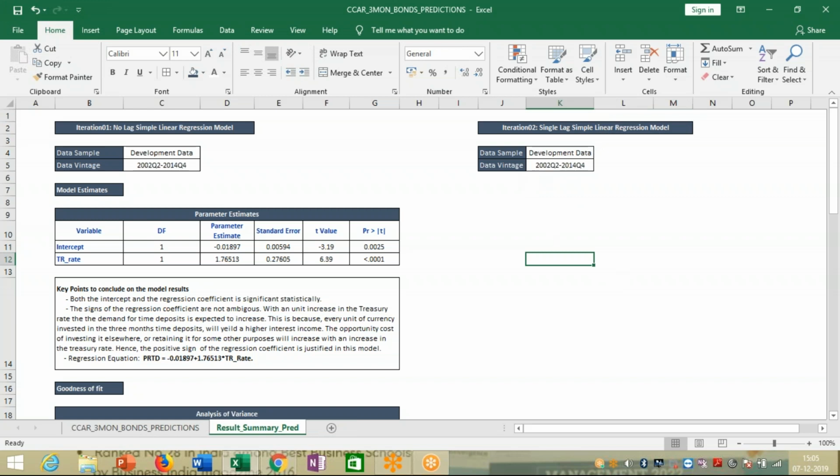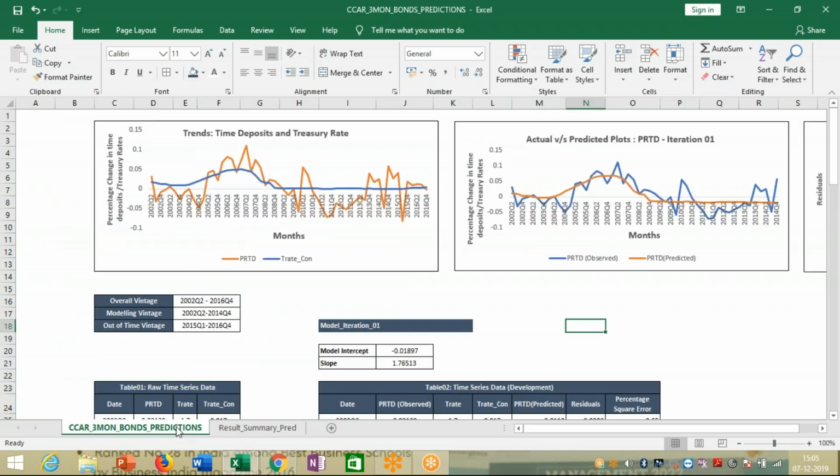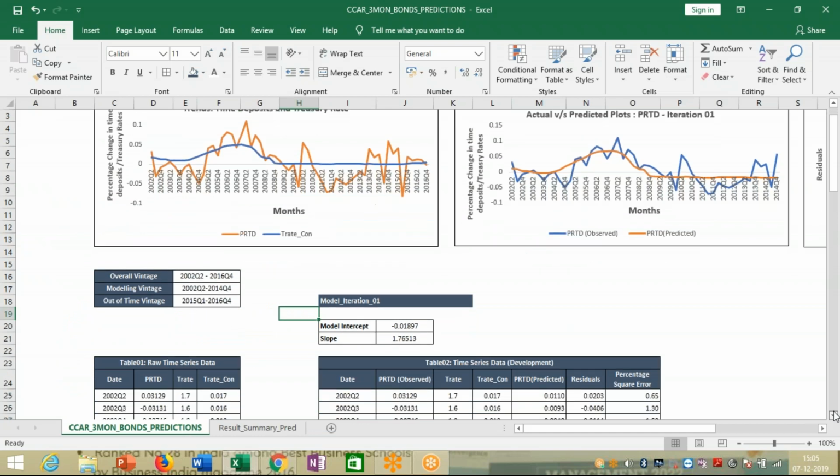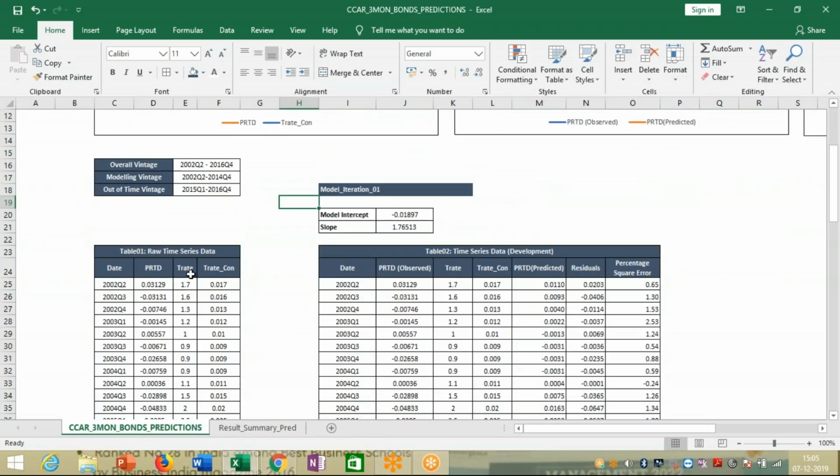No. What we are saying is that if the interest, let's say the treasury rate, increases from 0.9 to 1.1 in 2004 Q2, we'll immediately see a difference in 2004 Q2. The increase will be reflected this month.